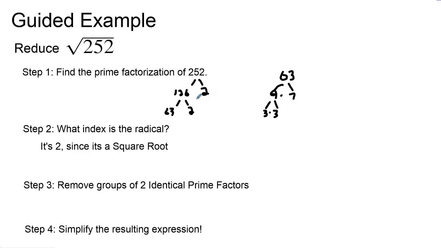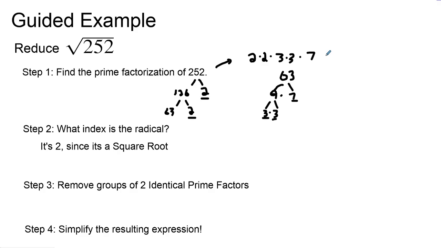I've got a 2 here, a 2 here, a 3, and a 7. I have reduced 252 into 2 times 2 times 3 times 3 times 7.